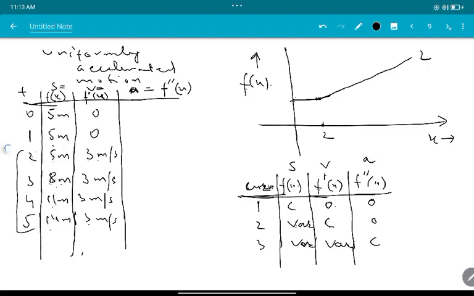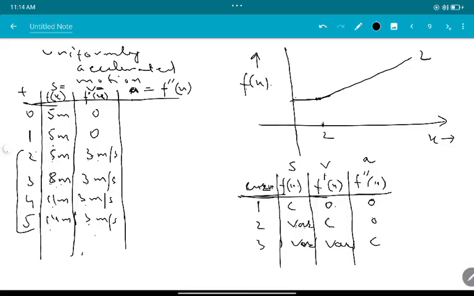Now at the end of the fifth second, we have variable distance, variable velocity constant, and acceleration 0. Of course, when velocity is constant, acceleration, which is the rate of change of velocity, is 0.